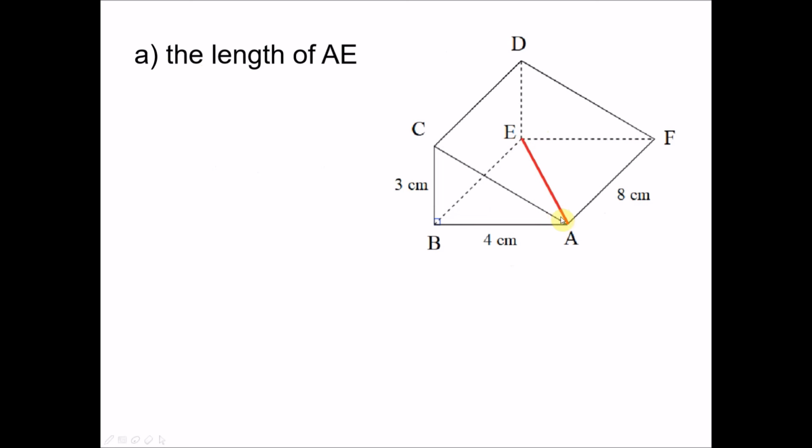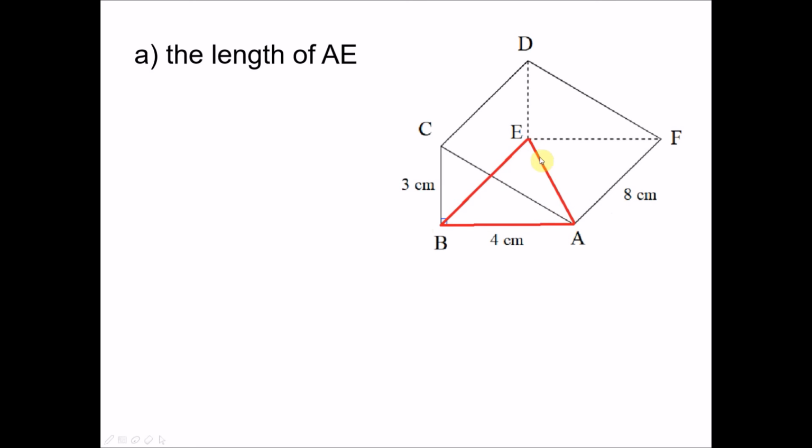To find AE, you can use EB and BA, which form a triangle. And since this is a prism, EBA is a right-angled triangle. Even though it's not very clear here, the sides EB and BA form a right angle here.